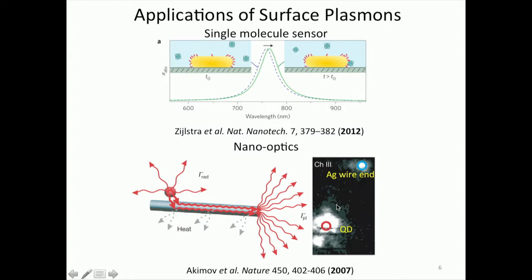By sending light to the quantum dot, through exciton coupling from the dot to the surface plasmon and propagation of energy, you see that the end of the rod lights up. This would be a very interesting application for, for example, sub-wavelength photonics, in case you could manage the losses happening from the surface plasmon.